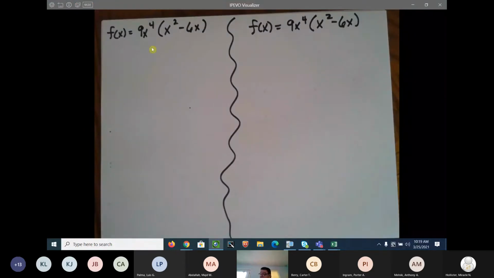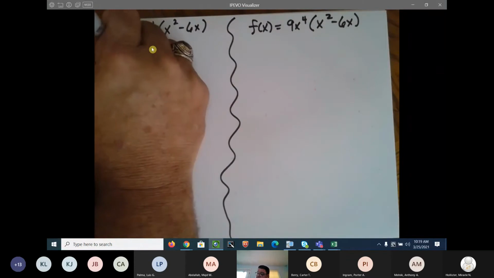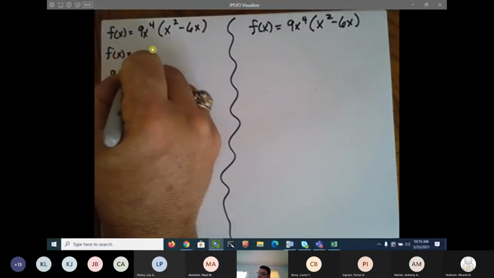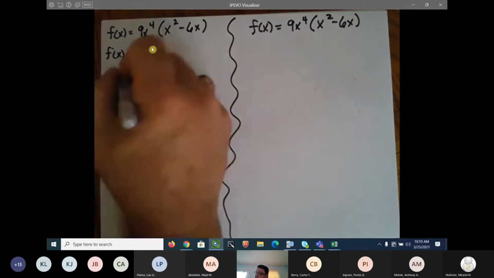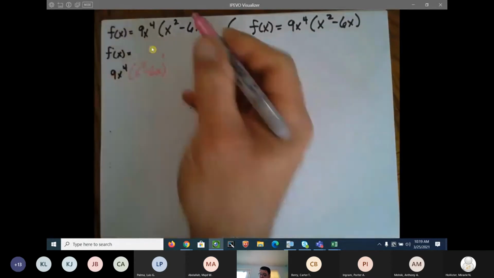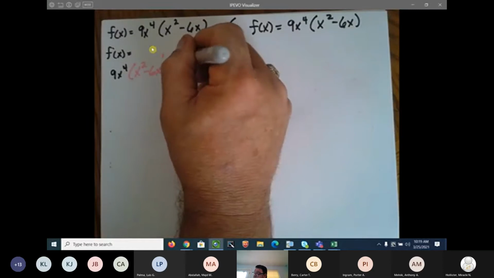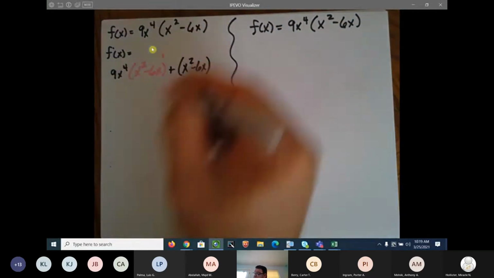So this one, I'm going to do f prime of x. I'm going to do my calculus first, and take the first times the derivative of the second, plus the second times the derivative of the first.